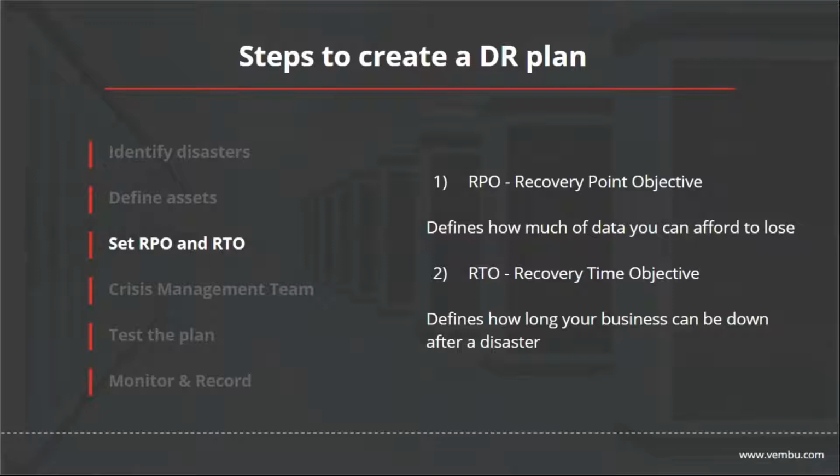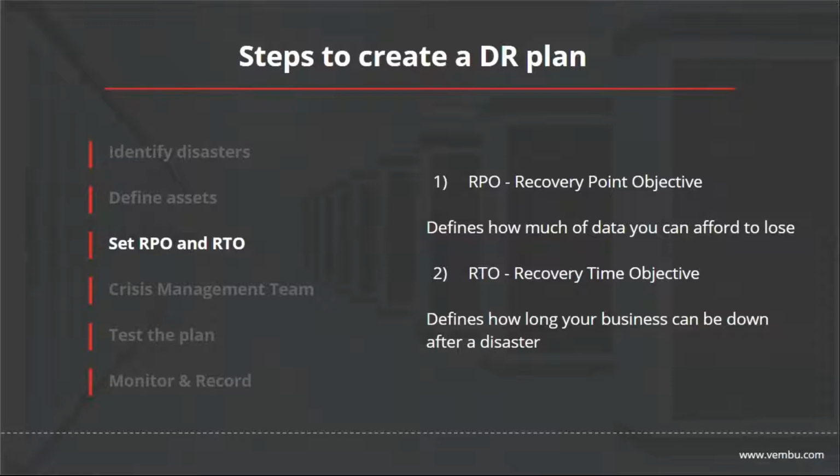The RPO is your recovery point objective, and the RTO is your recovery time objective. RPO is the data that you can afford to lose during the period of disaster, from the time of disaster till the time of bringing your business back alive. That is the amount of data that you lose.